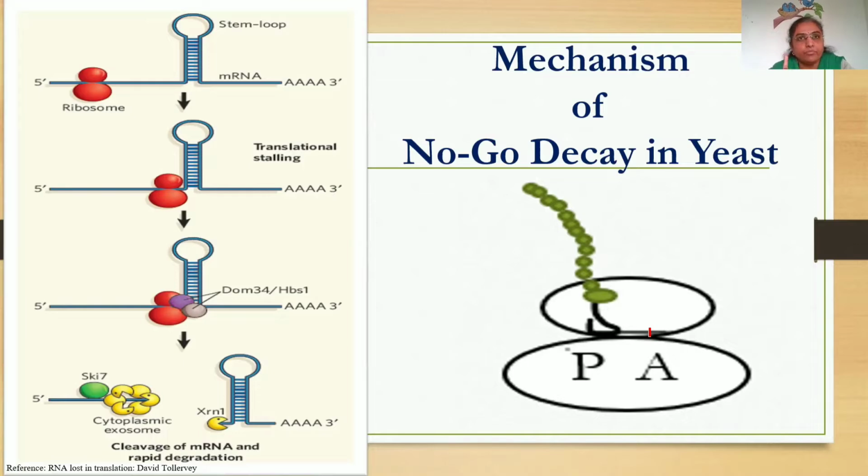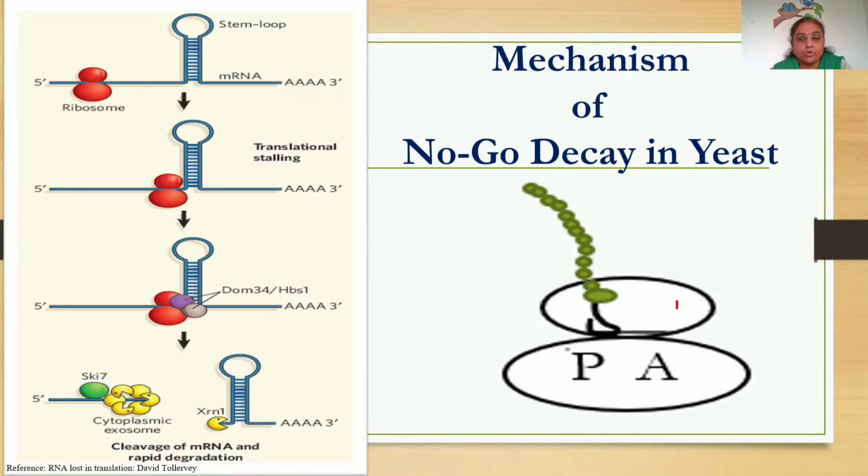Let's memorize the termination of translation. In termination, at the A site there is a stop codon, and that stop codon cannot be read by a tRNA because there is no tRNA for the stop codon. So the A site is empty, and this empty A site, or the stop codon present at the A site, is recognized by the release factors.